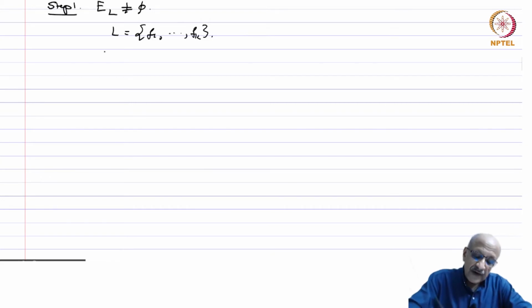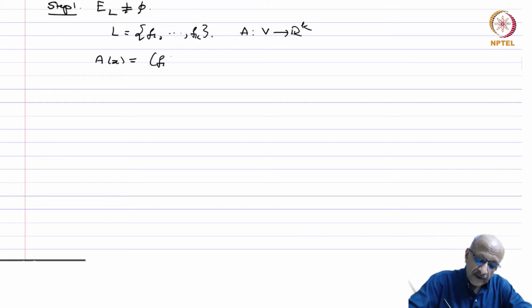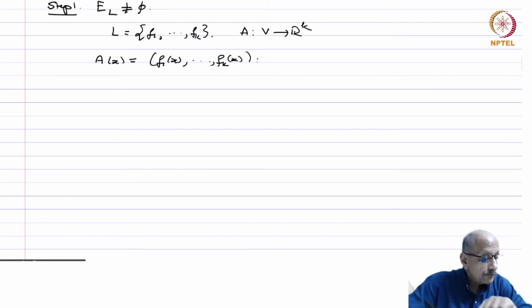Now I am going to define A from V to R^k, linear map, A of x equals f1 x, ..., fk x. So A is obviously continuous because each of these coordinates is continuous. So A continuous, linear.